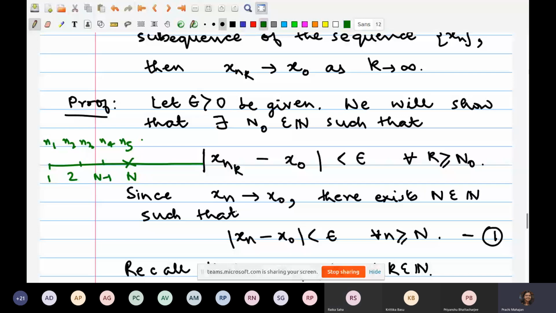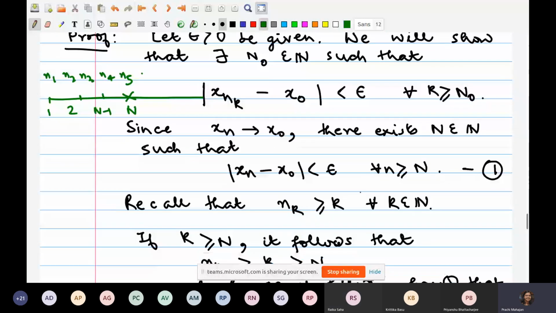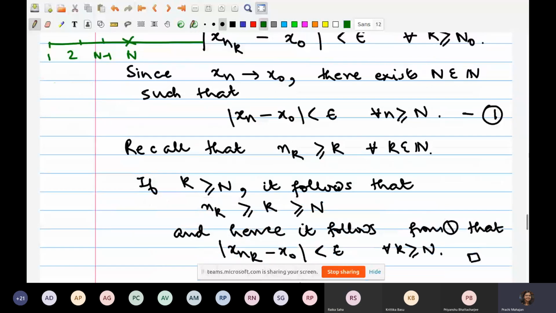Now, in order to ensure that nk is bigger than capital N, one way to go about it is this. My goal is to make sure that nk is bigger than capital N in order to apply statement 1. All of this is an arrangement to make sure that what I've written in the green circle holds true.